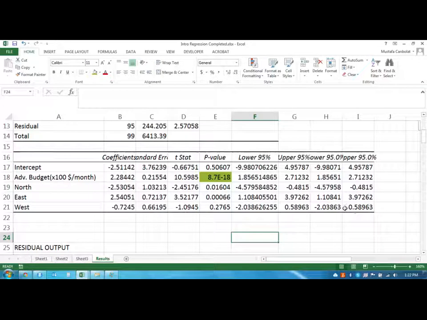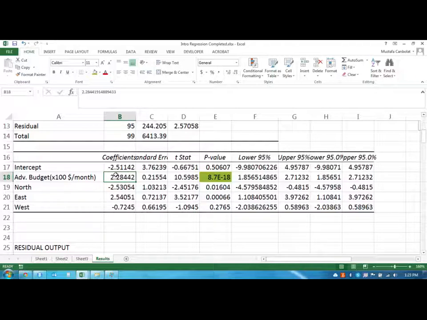We were looking at the p-values of the independent variables. We see that the advertisement budget is significant, so it means the coefficient is 2.28. So on average, let's say maybe just put a $100 increase in advertisement budget is going to increase our sales by $2,284.